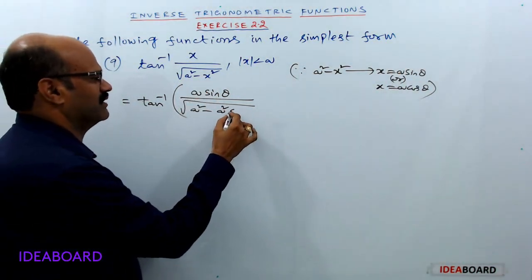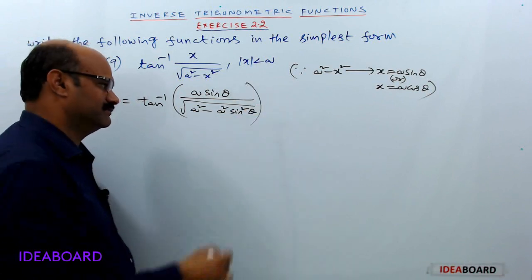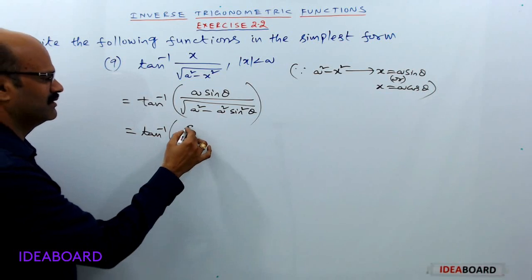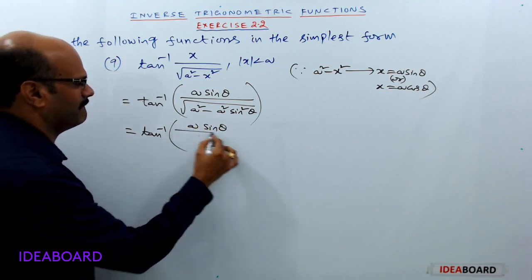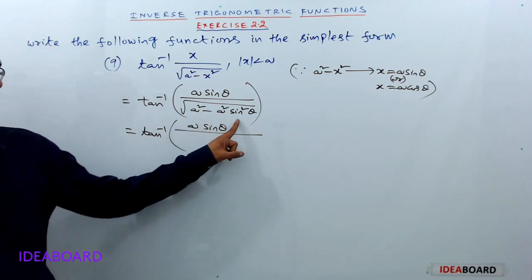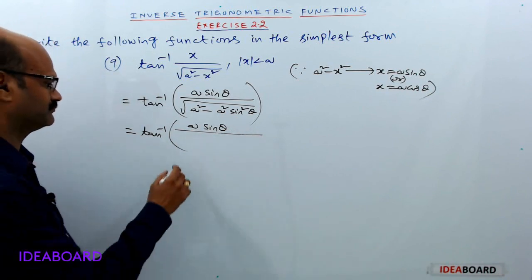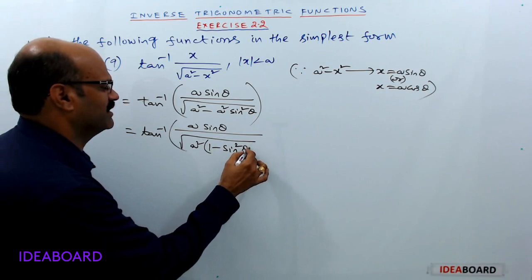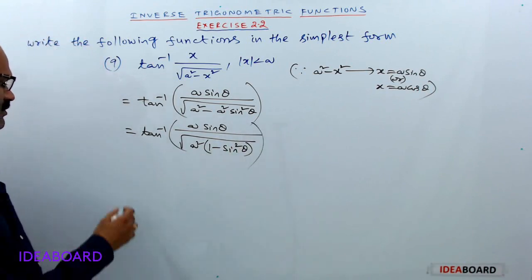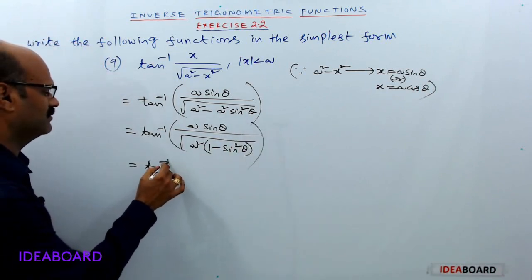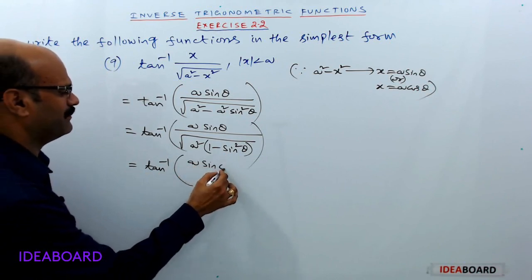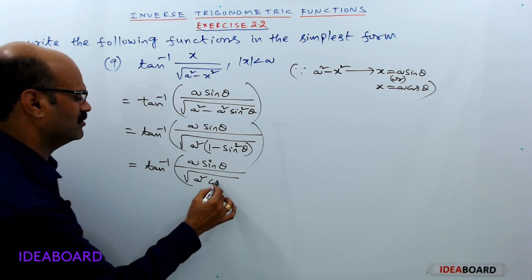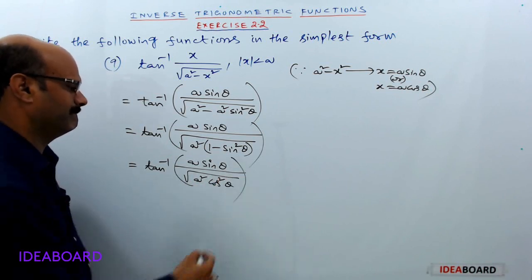So a square sin square theta, equal to tan inverse of a sin theta upon, take common a square into 1 minus sin square theta, equal to tan inverse of a sin theta upon square root of a square into cos square theta.